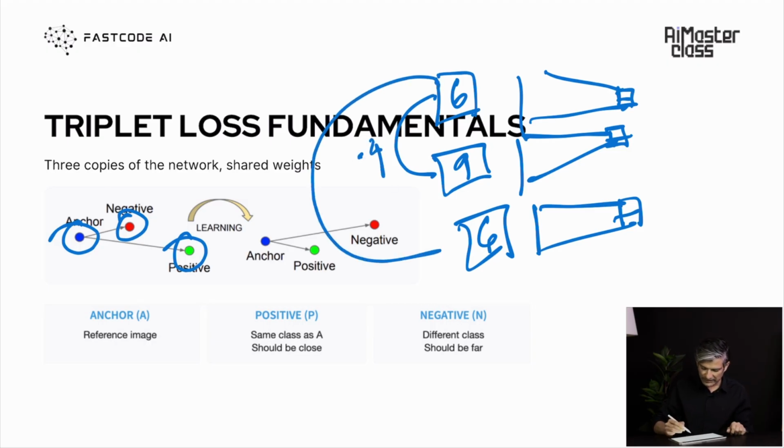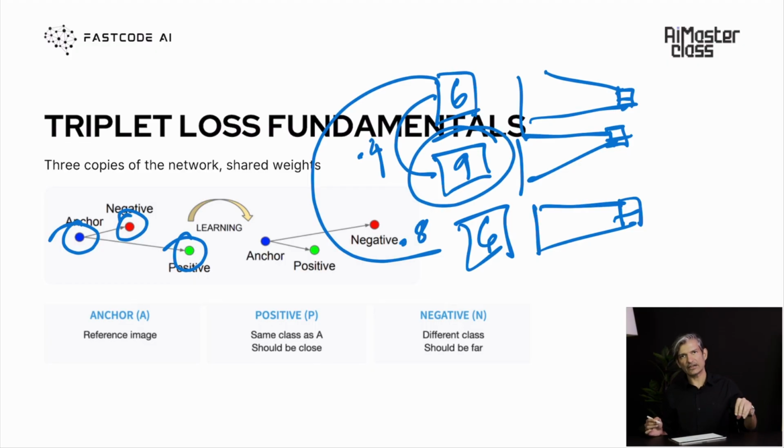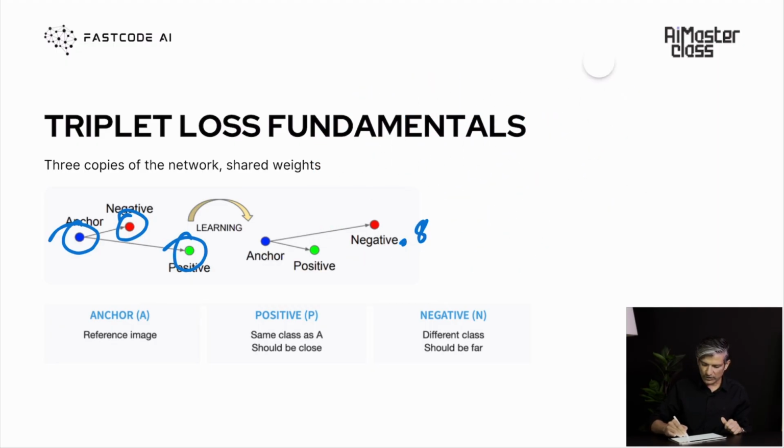And between 6 and 6, let's say it's 0.8, right? All we are saying is that whatever the distance between me and the negative, I want the distance between me and my positive to be less than that, right? So eventually, after training, it should get lesser, right?